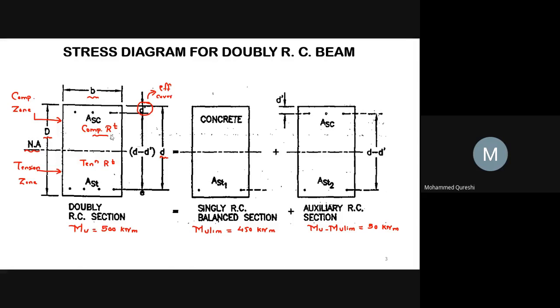Now, as we had discussed earlier in the singly RC balanced section, in the singly RC chapter, for the singly RC balanced section, our C1, that is the compressive force, will be equal to our tensile force. Hence, we may say that C1 equals T1. And in this portion, only concrete is present.